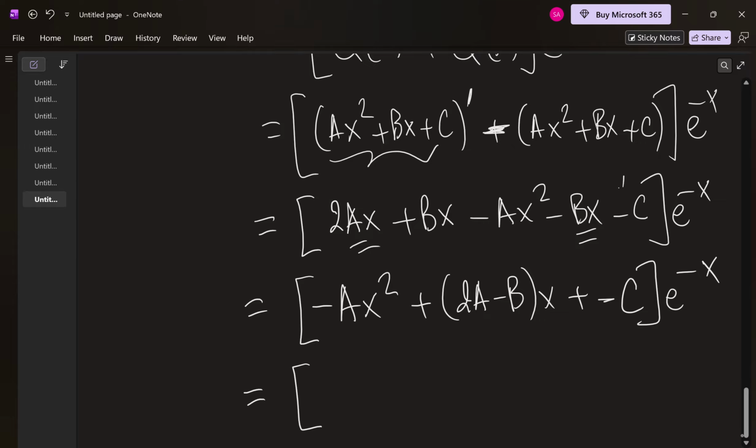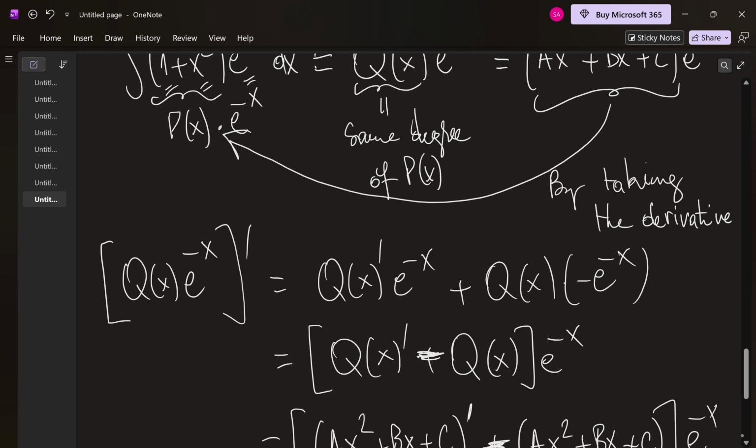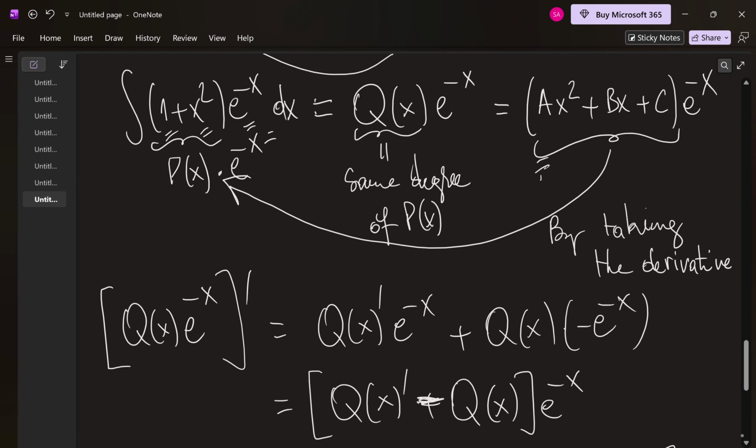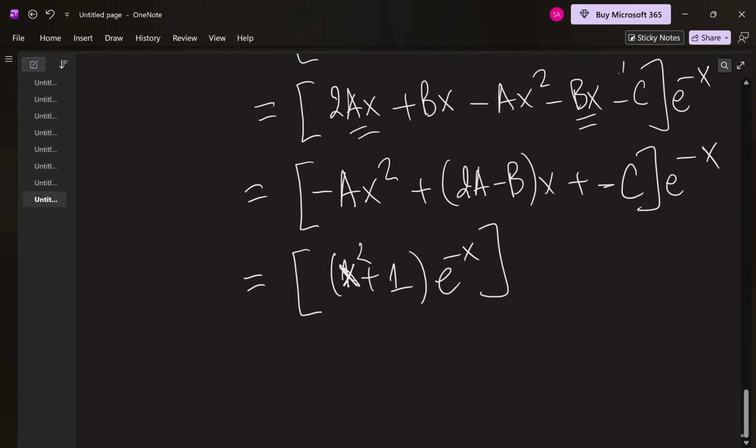By identification this should be equal to (x squared plus 1) exponential minus x. So the derivative of this part should be equal to this part.